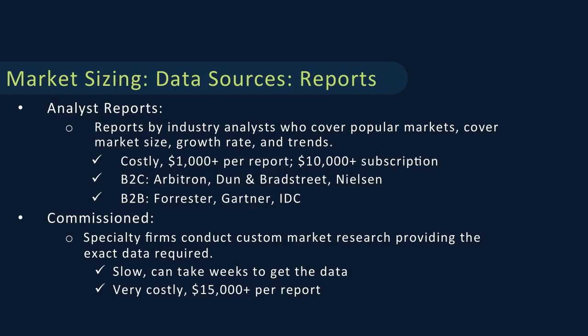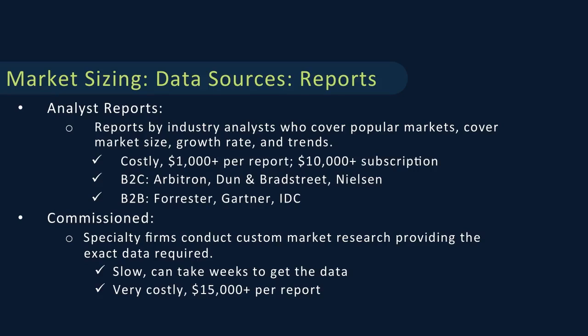Another source of secondary data is reports from analyst firms, which can be obtained as a ready published report or commissioned. Analysts cover popular industries for both business to business, or B2B, and business to consumer, or B2C, offerings. Examples of B2C analysts include Arbitron, Dun & Bradstreet, and Nielsen. Some B2B analysts include Forrester, Gartner, and IDC.